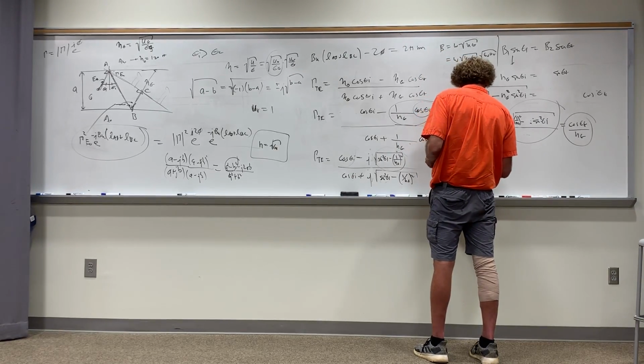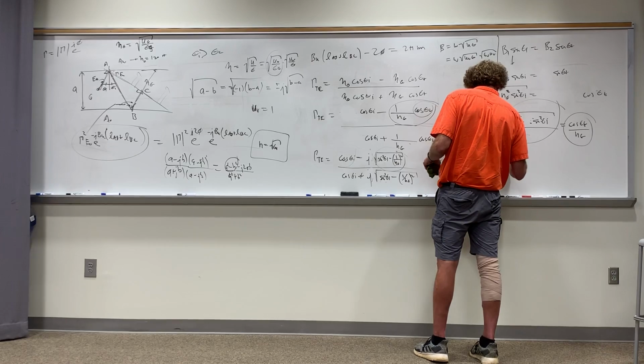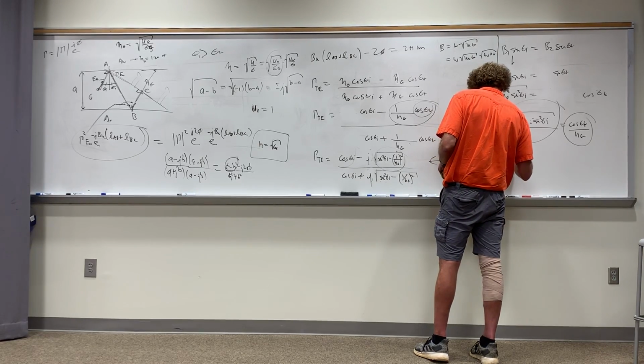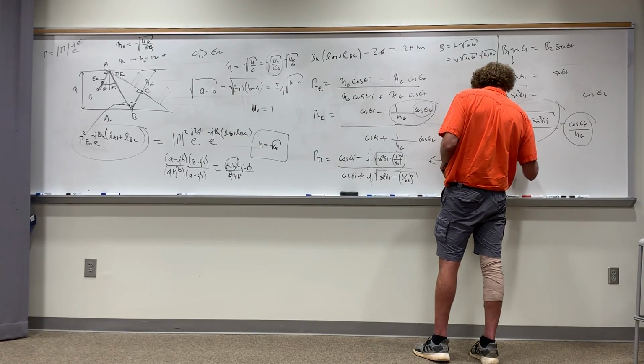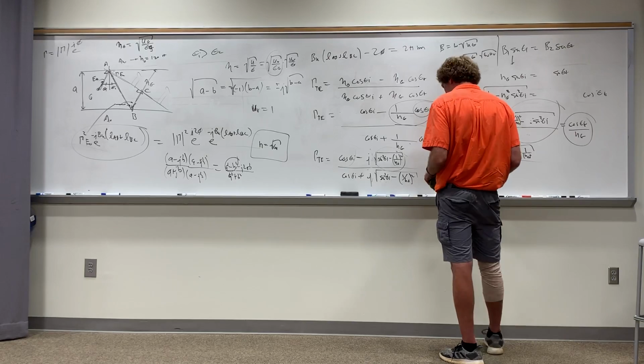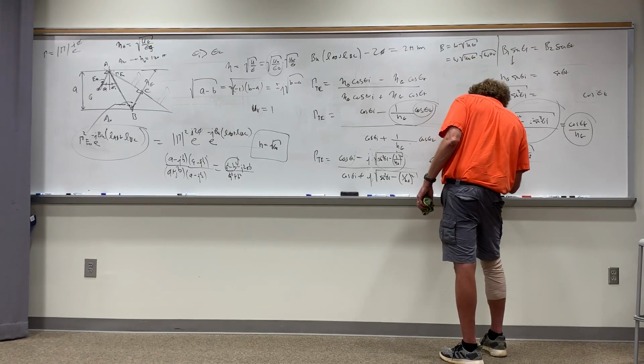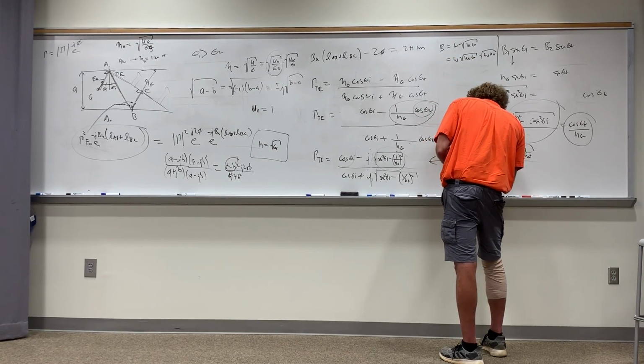2AB, so it's 2 cosine theta incident times B, which is the square root of sine squared theta incident minus 1 over n guide squared, over, and then it's going to be A squared minus B squared, so it's cosine squared theta incident.